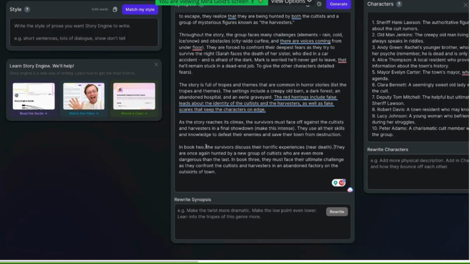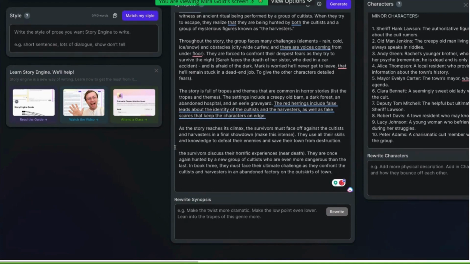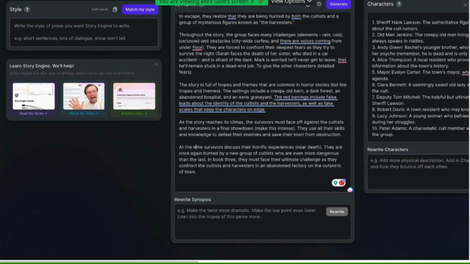So what I'm going to do here is kill this right here, and I'm going to say at the end of this book, the survivors discuss their horrific experiences near death around a warm fire inside a cabin.